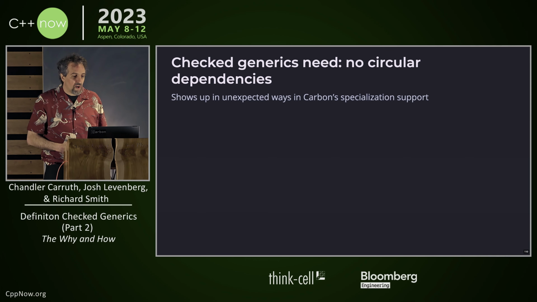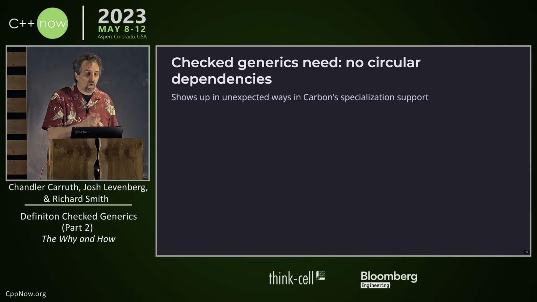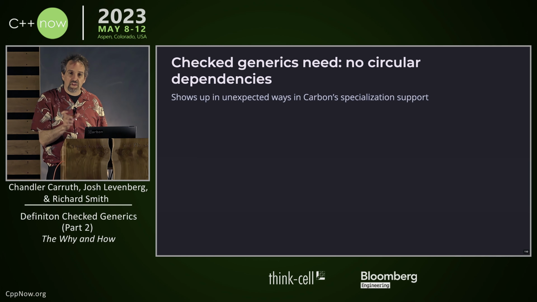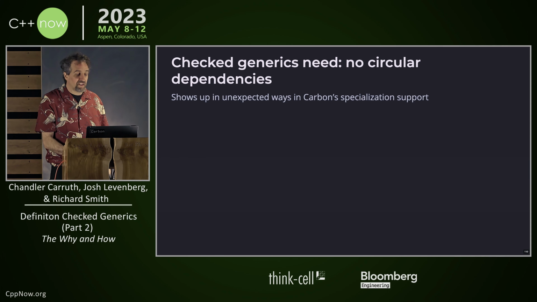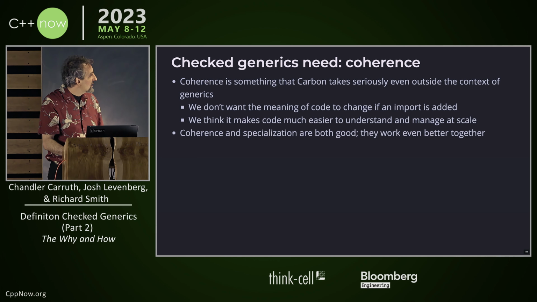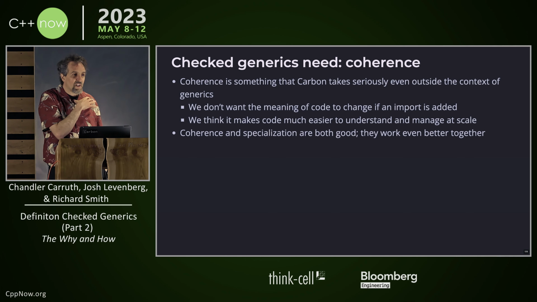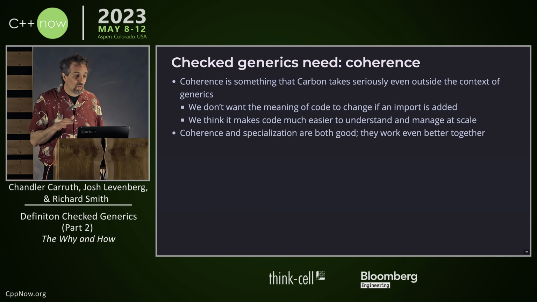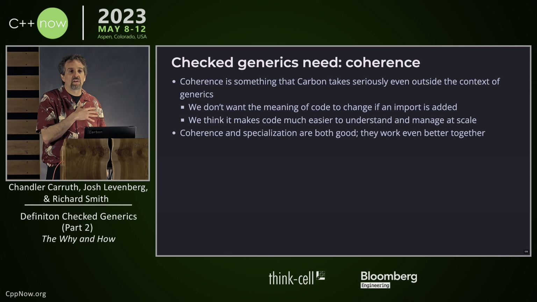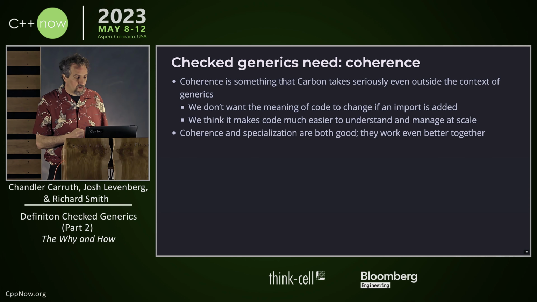Circular dependency showed up in a way that at least surprised me. The whole deal with coherence and specialization felt more like a discovery than an invention to me. The coherence that we talked about with trait coherence is something we see as being valuable across the whole language. We want those sorts of consistency. We don't want the meaning of code to change as you add a new import or whatever.